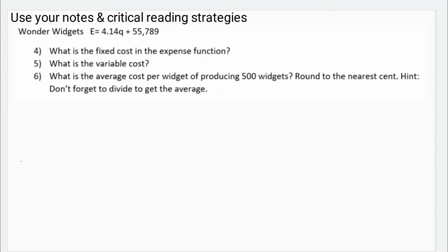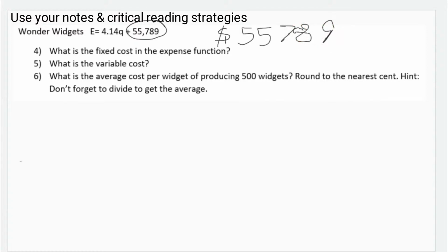Okay, so this one's asking what's the fixed cost of the function. So the fixed cost, remember, is going to be the second number, and it's the larger number. So that's going to be the 55,789.